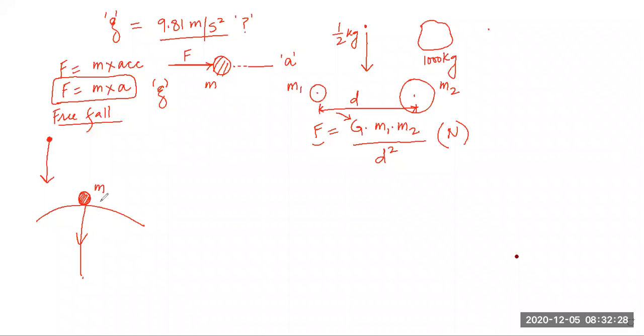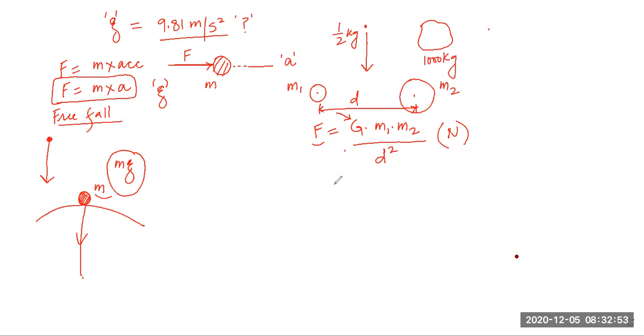This force is equal to the weight of this object having mass m. So that weight is equal to mg. In other words, this is the force acting on the body by the earth towards its center. This is also a force G into m1 into m2 divided by d square.